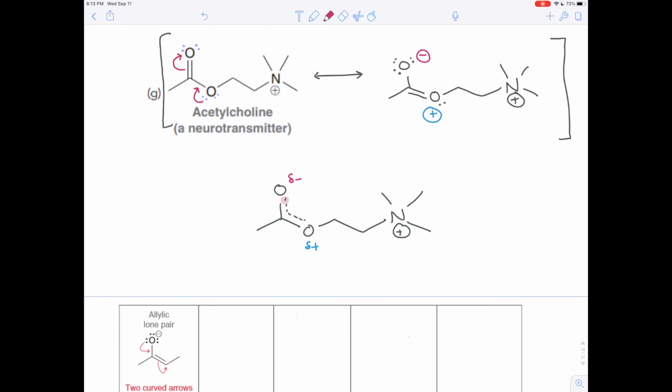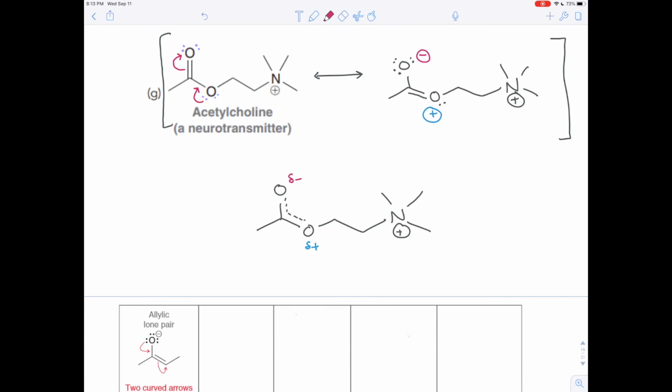You'd have these bonds here somewhere in between, a single and a double, right? Not a double, not a single, but something in between. And the charges on the atoms will be something in between a full charge and 0, like in the structures. So that would be acetylcholine.